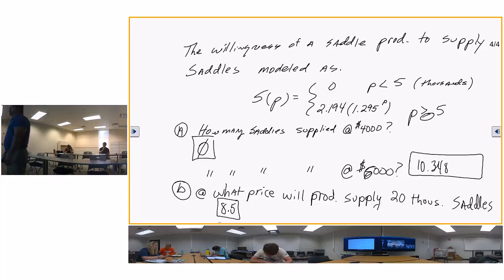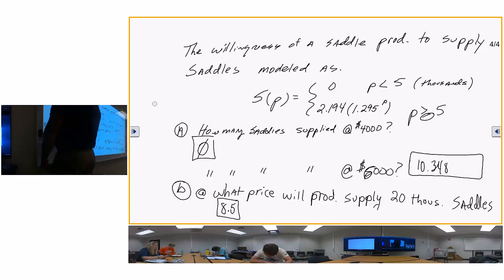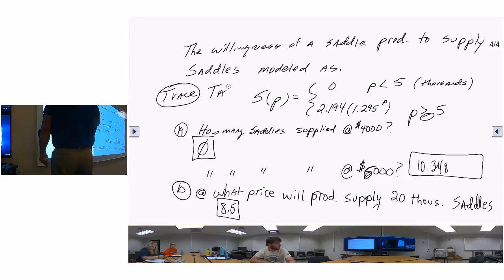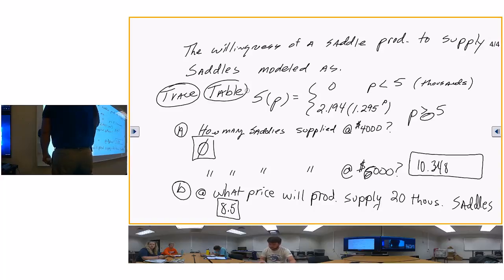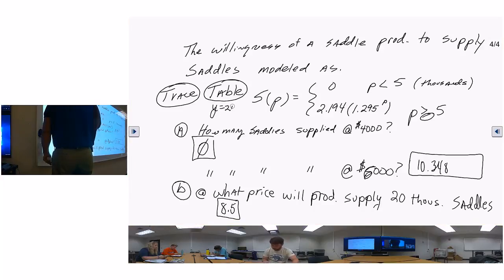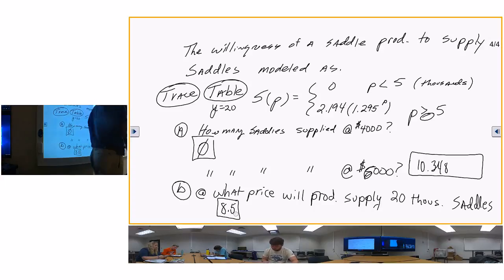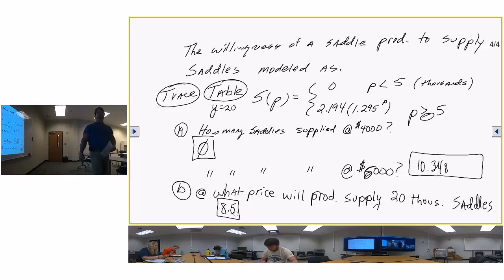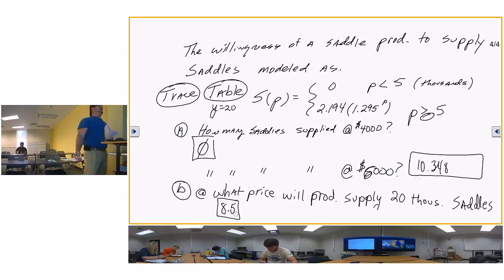But I would use the trace button, or I would use the table with the graph and find where y is equal to what? 20. Did anybody use the table? Or did anybody use trace? I just kind of plugged and chugged.